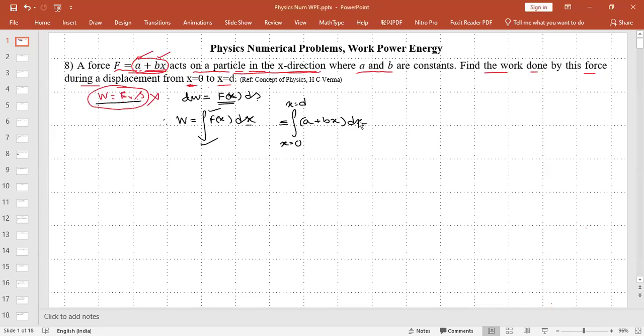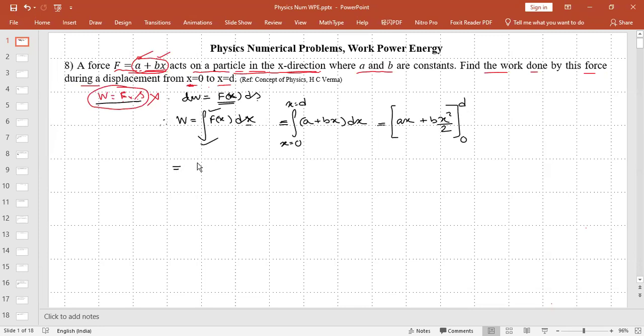If you do this integration, then what you get is: integration of a is ax, plus integration of b is bx squared by 2. And the limit of integration is 0 to d. Fine?